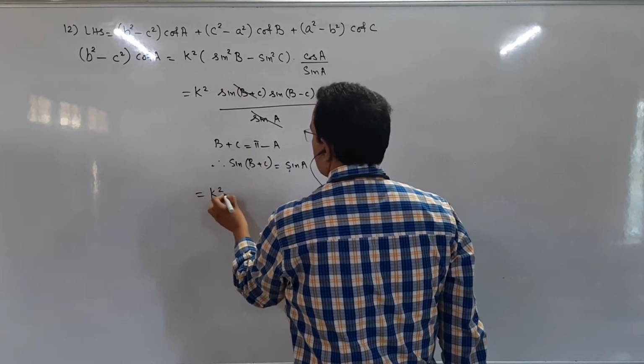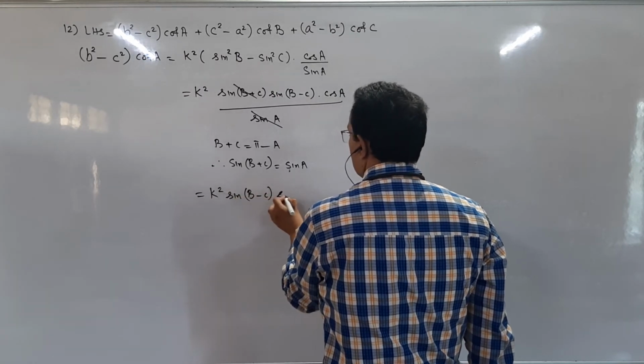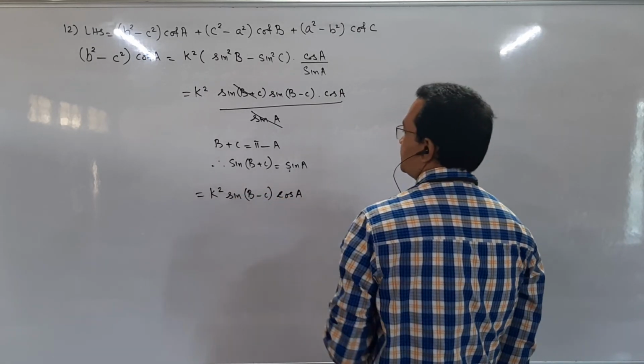So we have K square sine of B minus C into cos of A.